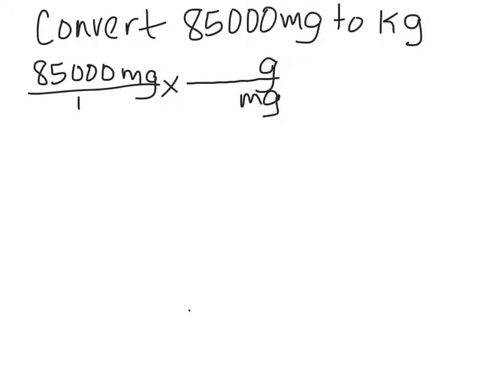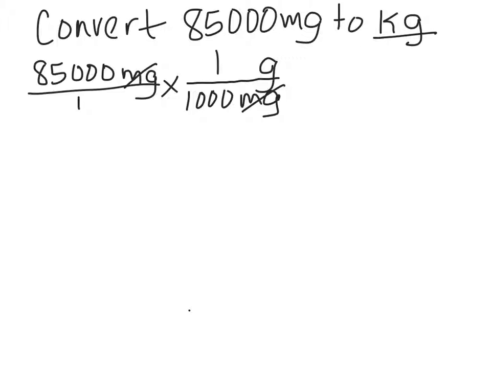So if you look on page 4, it says 1,000 milligrams equals 1 gram. So when we use this conversion factor, algebraically, we cancel milligrams. So what unit will we be in when we do the math? We'll be in grams. But we want to be in kilograms.